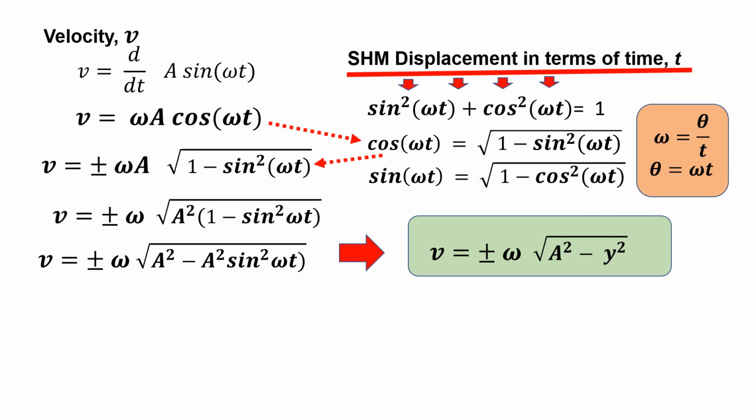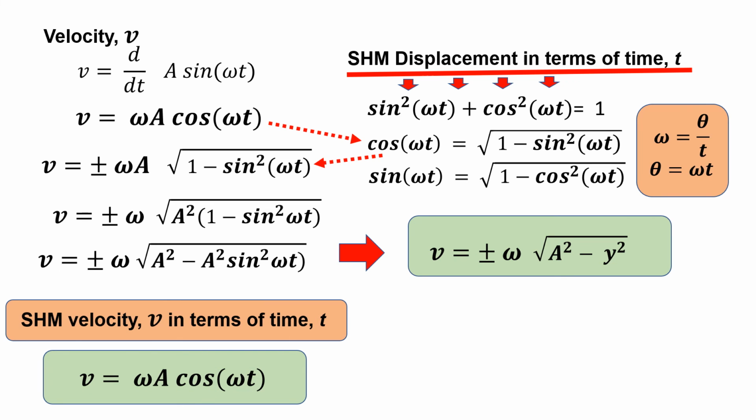This is a simple harmonic motion velocity in terms of y. So, kita rearrange semula supaya kita akan dapat simple harmonic motion velocity in terms of time t, dan in terms of displacement y.